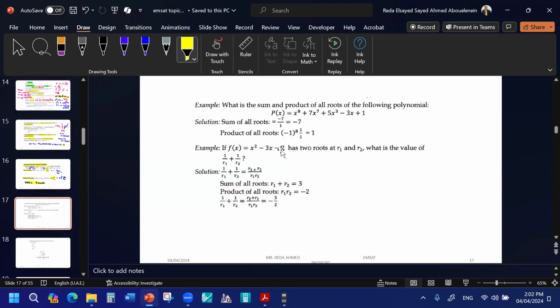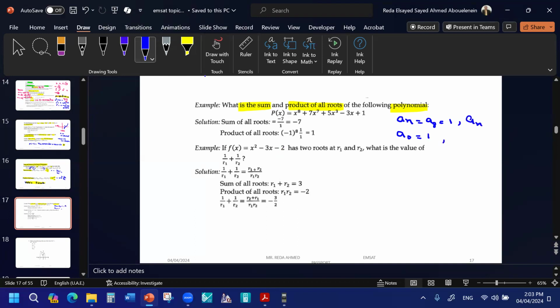Here we can take an example. What is the sum and the product of the roots of the following polynomial? f of x here. If you can say a8 equals 1, and a node equals 1 as well, okay?